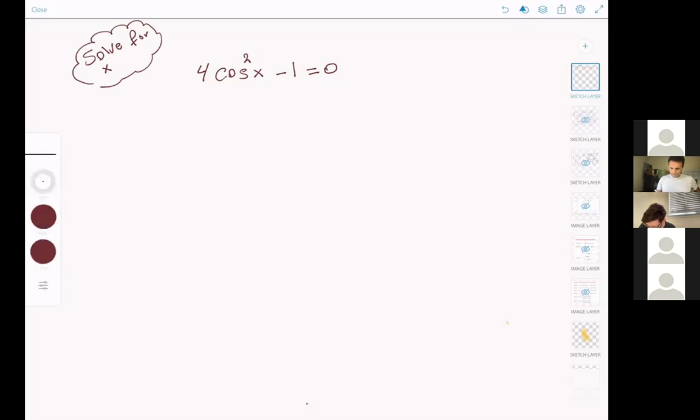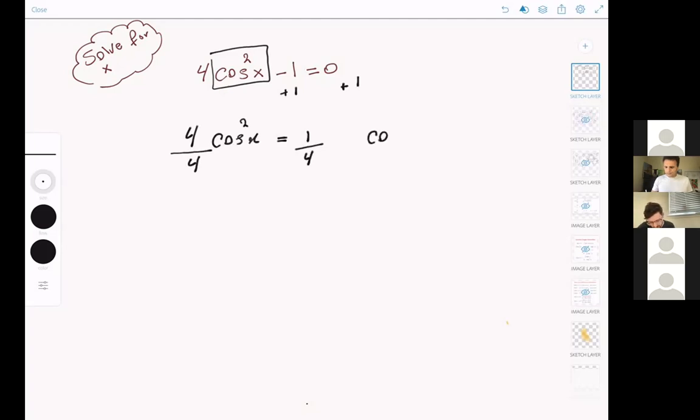So the first step is we have to isolate. I'm going to add 1 to both sides. We have 4 cosine squared of x equal to 1. I divide by 4.